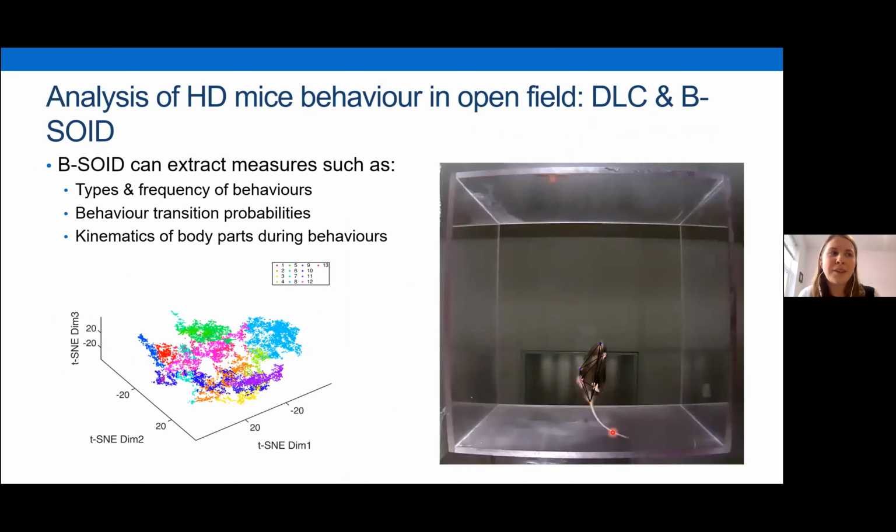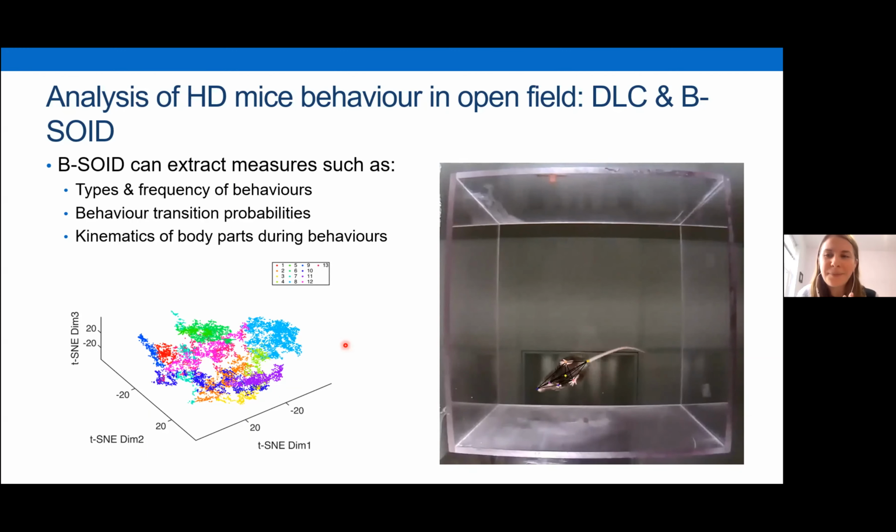And I've also done some more sophisticated analysis with DeepLabCut and B-SOiD that Adrian mentioned. This is behavior classification software that you can feed your DeepLabCut coordinates into, and basically it will identify different behaviors based on the coordinates that you give it, so based on the position, the angle, and the speed, and different characteristics of the labels.